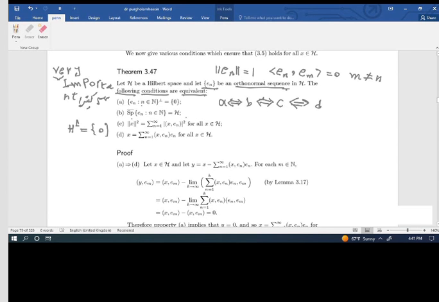So if we have any of these conditions, we have the others. For example, if we have A, the orthogonal complement of the set of all En for n in N equals the singleton 0, we have the other conditions. So if we have one of these conditions, we say that this set is an orthonormal basis, not just an orthonormal sequence.